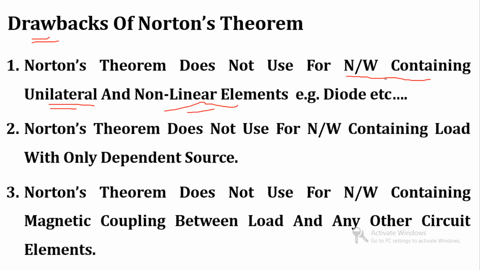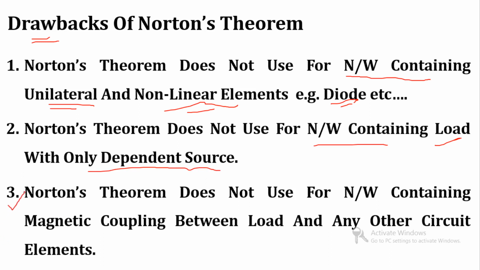For example, a diode or any power electronics device; for that Norton's theorem cannot be used. The second drawback is that Norton's theorem cannot be used for a network with a load having only dependent source. Clear?